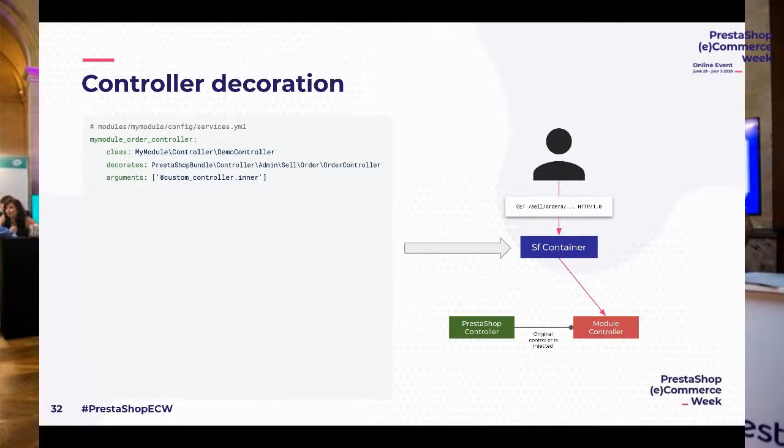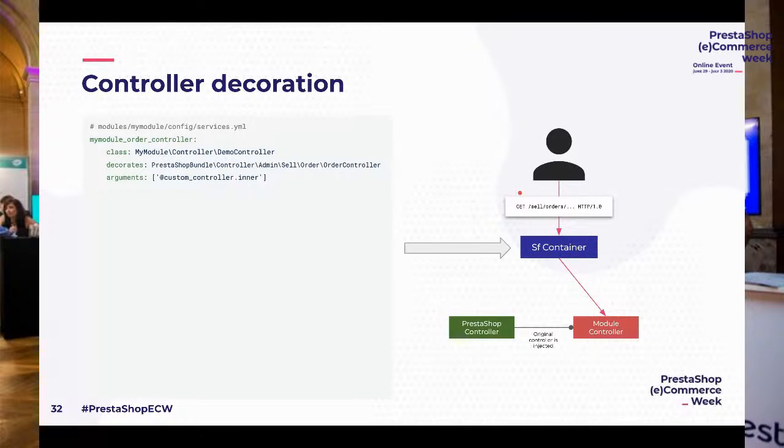And the final option is decoration. Decoration is the actual recommended way of overriding things in Symfony. It works with a pattern that is called the wrapper pattern. So this also works at the container level, as you see here. And the idea is that you kind of replace the original controller, but you still get to instantiate the original controller at the start.